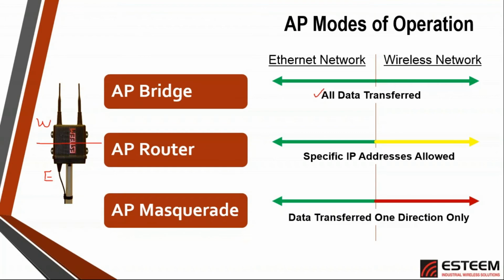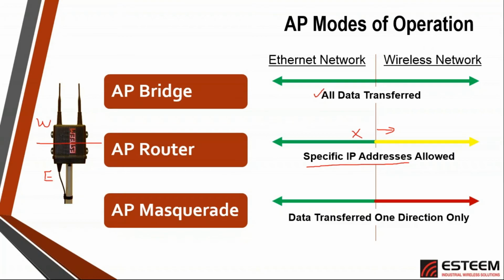The next mode that we'll take a look at is the AP router mode. The way that a router works is it identifies specific IP address ranges and will allow those addresses to pass. Anything that is not within that range immediately gets blocked within the radio itself.